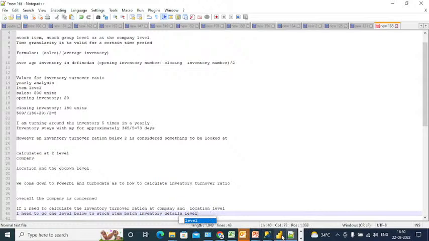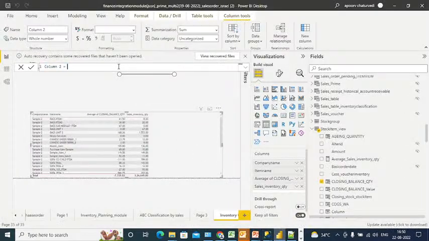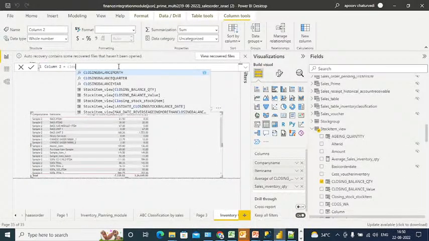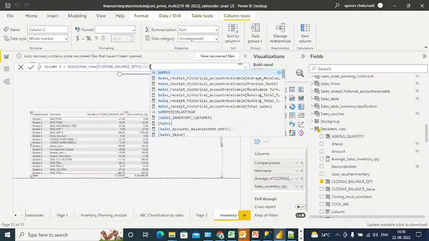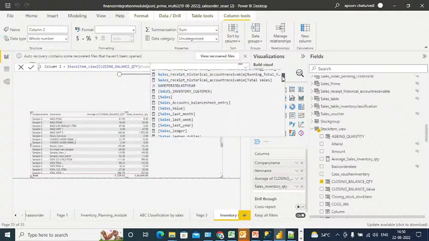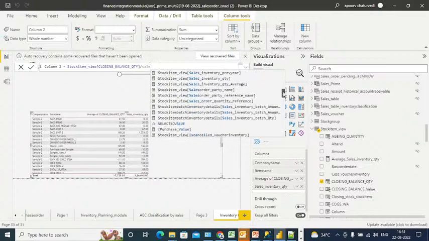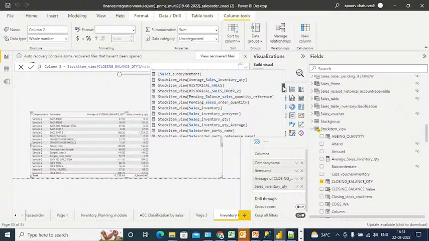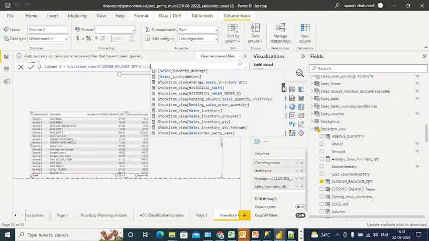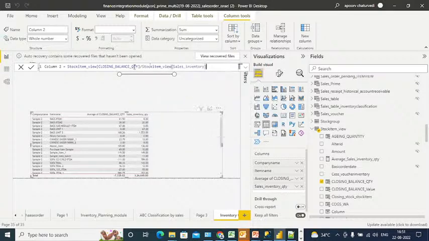So we come down to this, and I pick up my closing balance inventory divided by the sales quantity, and that gives me my inventory turnover ratio.